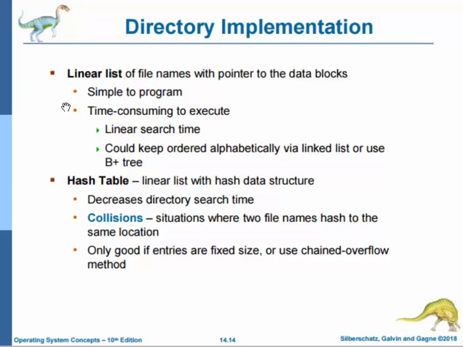This method is simple to program, but time consuming to execute. For example, to create a new file, we must first search the directory to be sure that no existing file has the same name.